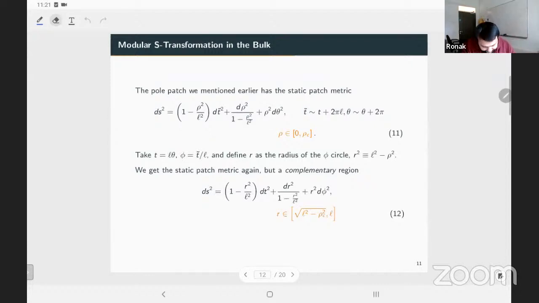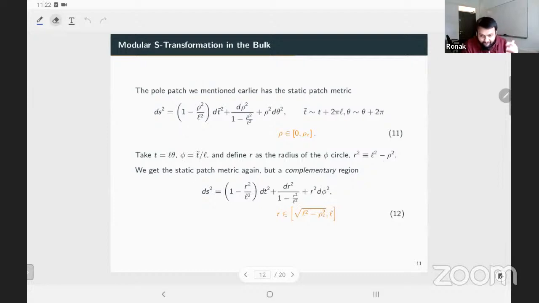And rho includes the pole, which is at rho equals 0, and has an upper limit. Now we do a modular S transformation, which means we exchange space and time, and we define R as the radius of the new spatial circle, which turns out to have this value.